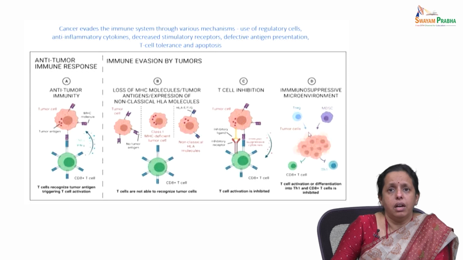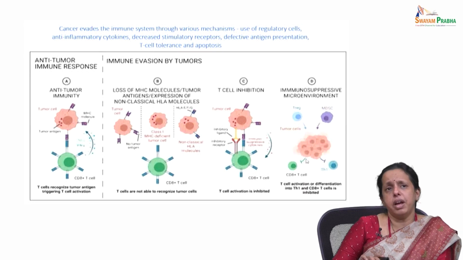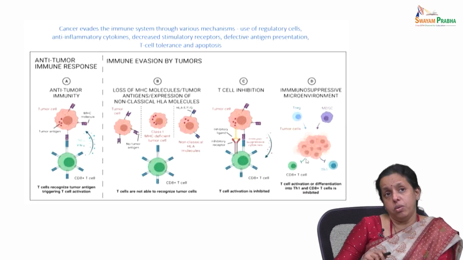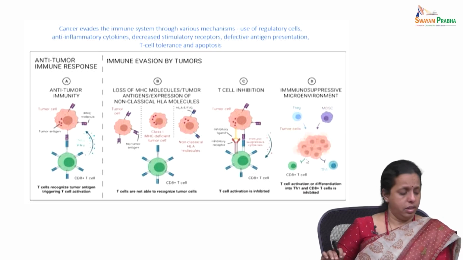Your regulatory T cells, the Tregs, suppress the T cell response to tumors, and myeloid derived suppressor cells accumulate and suppress the anti-tumor T cell response. This is how the immune response is evaded.